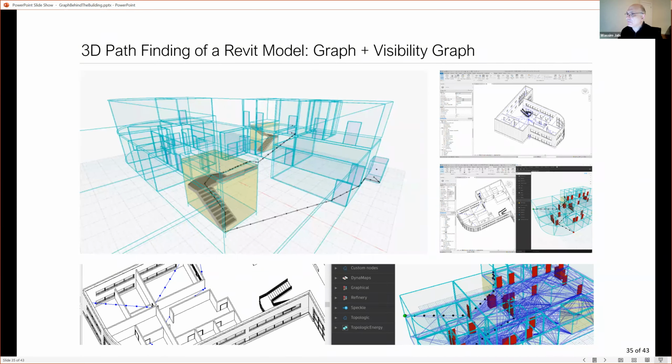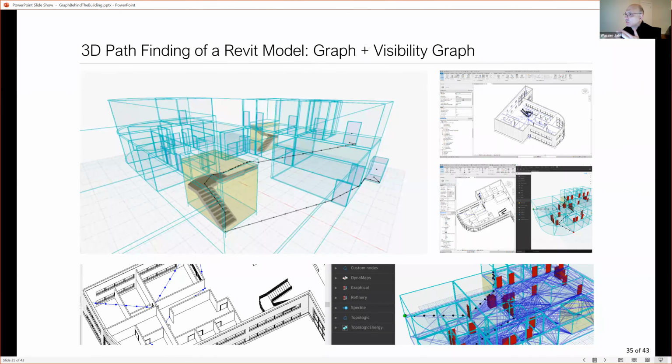So I took a Revit model that I found online, I brought it into Topologic, and I rebuilt it using algorithmic workflows into topologies. I took the stairs, I built the graph of it, and I combined my own graph, which is a 3-dimensional graph, with what is called a visibility graph, which is a 2D graph, which they have probably used.